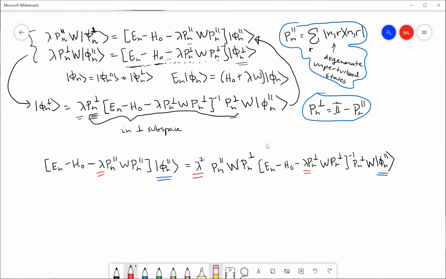Okay, so then let's get to the stuff. So let's look at leading order in lambda. So that's lambda set to 0. So if we drop all those guys, what do we get?